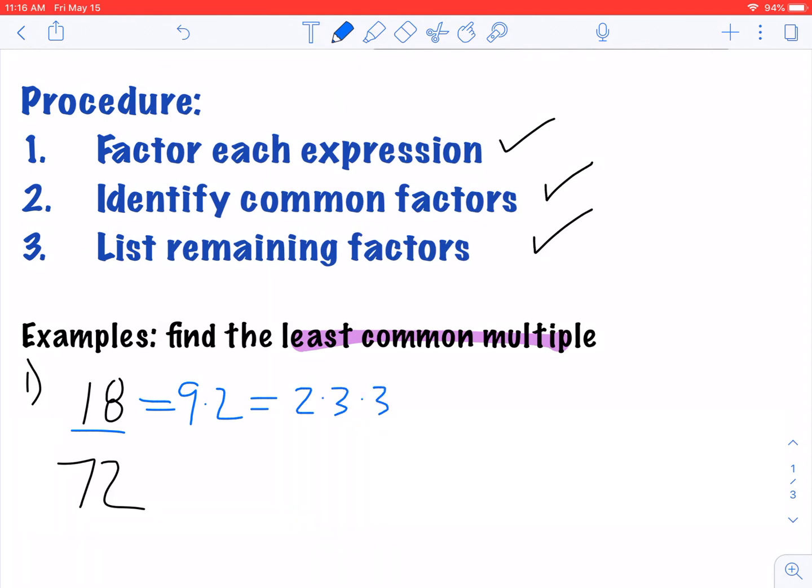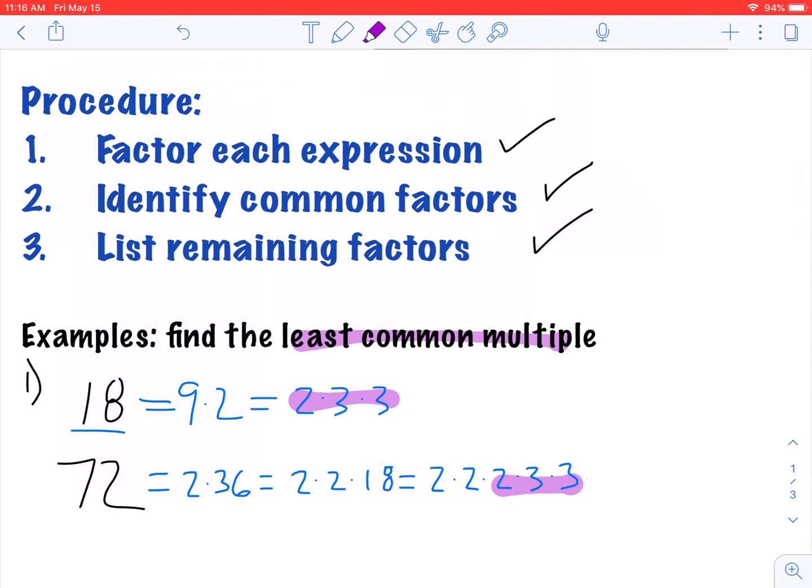There's our prime factorization. If we look at 72, well, we know that this is 2 times 36, or 2 times 2 times 18, which also results in 2 times 2 times 2 times 3 times 3, where we see that the 2 times 3 times 3 remains the same in both scenarios.